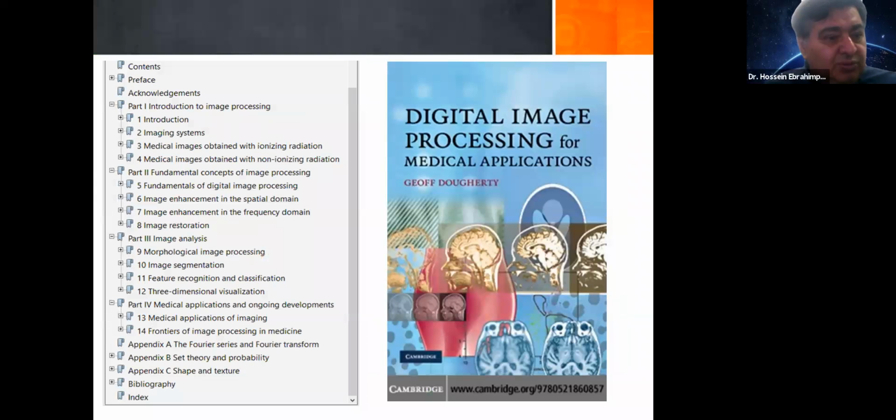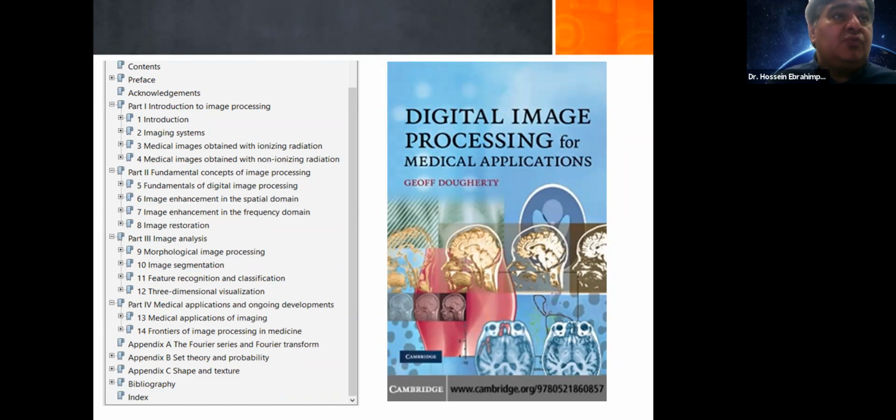I just want to use the remaining time to introduce three books that are very interesting and very useful. The first one is Digital Image Processing for Medical Applications, which is very useful. On the left-hand side, you can see the content of this book.